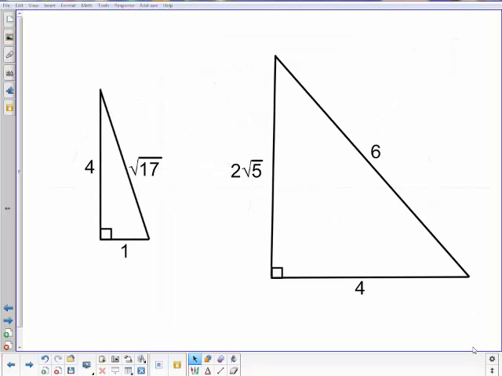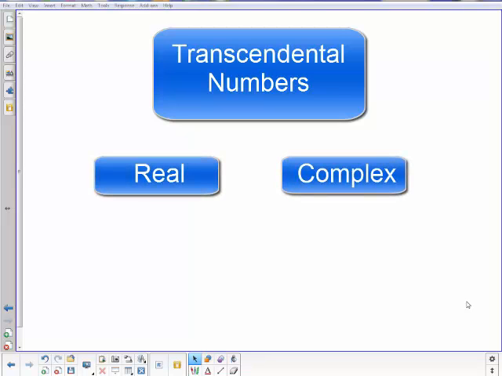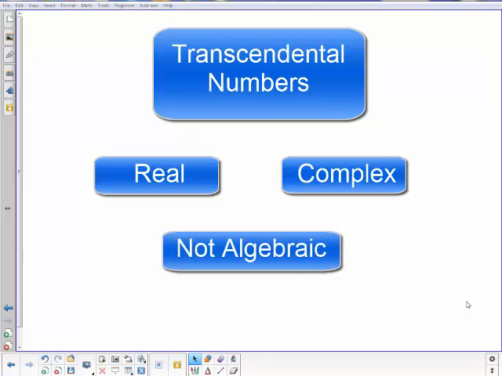A crisis resulted for the ancient Greek mathematicians caused by their discovery of irrational numbers. It was later discovered that not all irrational numbers are constructible. A perfect example of this is transcendental numbers. A transcendental number is a real or complex number that is not algebraic.